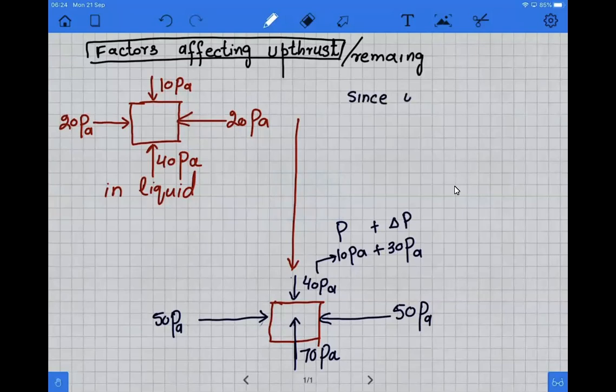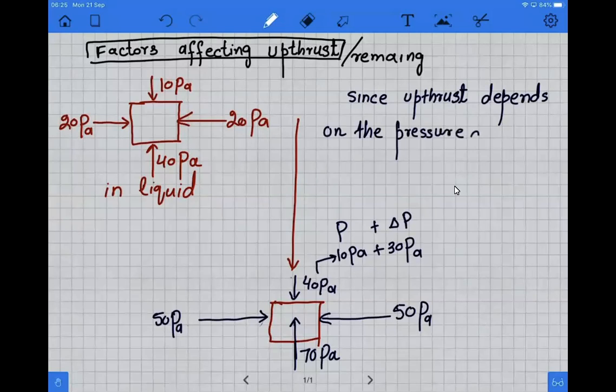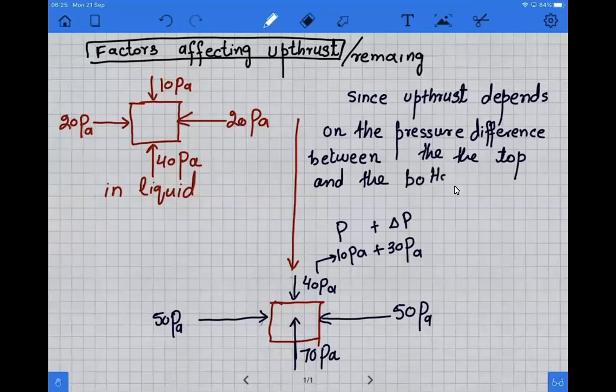since upthrust depends on the pressure difference, it depends on the pressure difference between the top and the bottom.